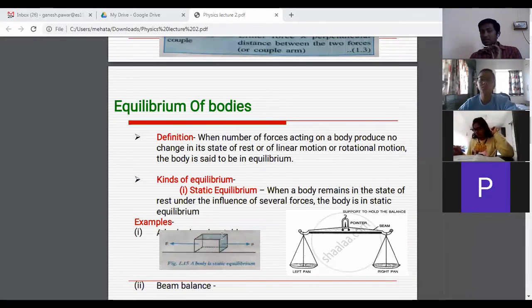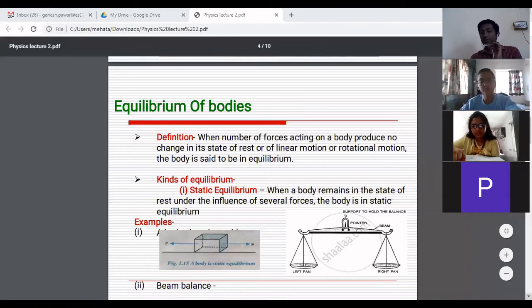The body is in a static equilibrium. Clear? Okay, good. So this is the concept of static equilibrium.